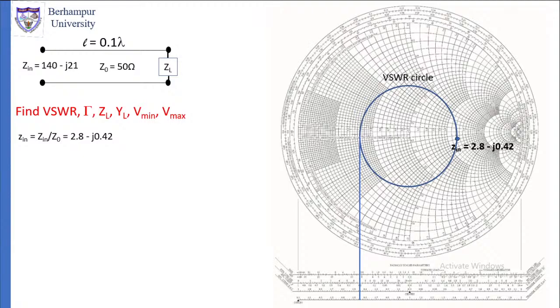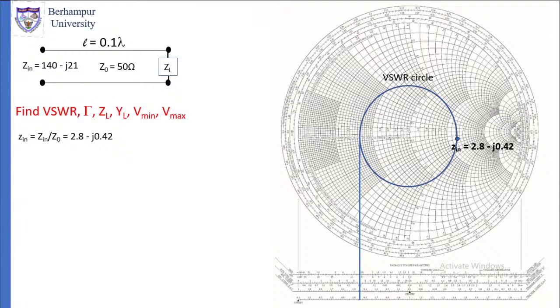Now you can do either of two things. The first is to look at the left point where the constant VSWR circle crosses the horizontal line. From that point, draw a vertically downward line onto the scales below the Smith chart.